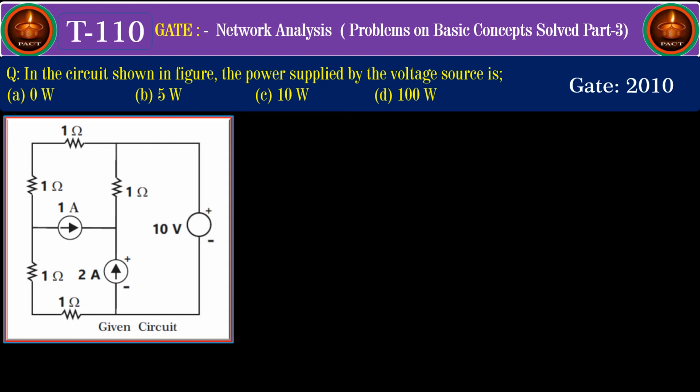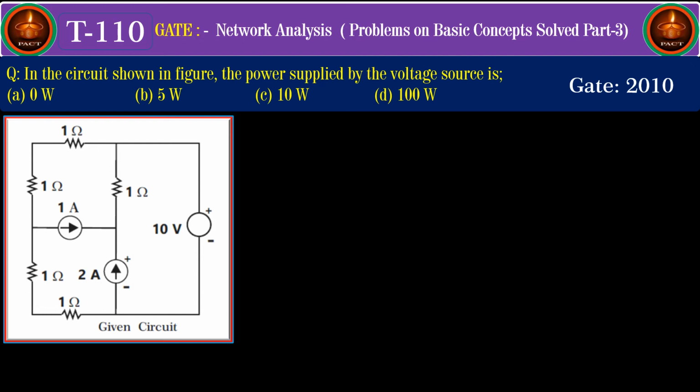Friends, now we shall solve yet another interesting problem from GATE 2020. In this question, we are required to find the power delivered by the 10 volts voltage source in the circuit shown in figure. The options are given and we have to identify the correct option.